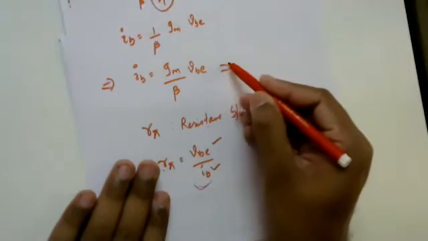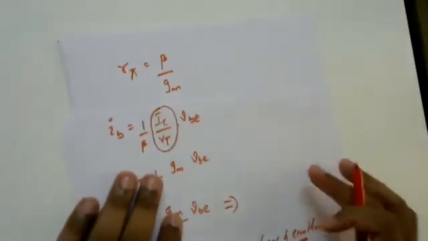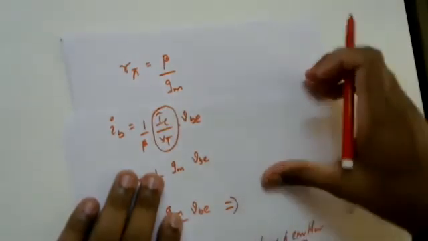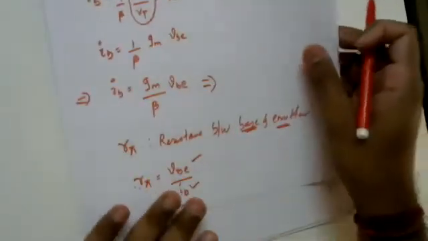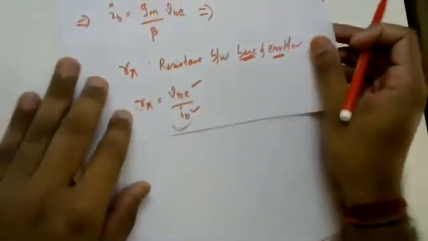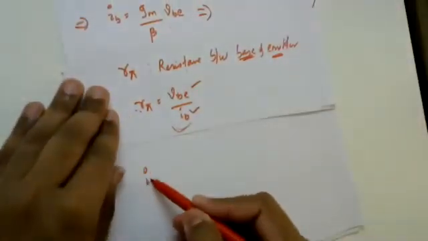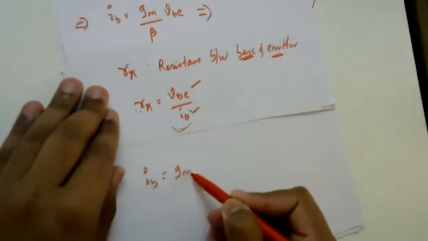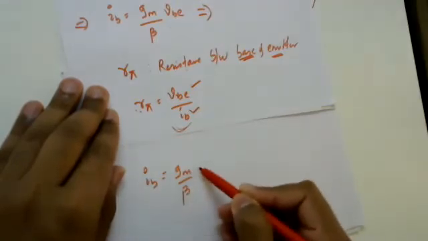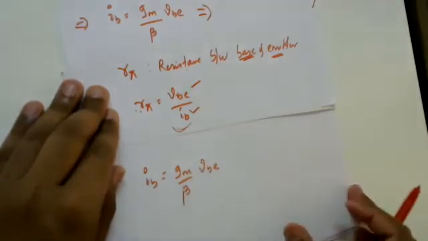For your reference, I'm writing the same equation here, because without this reference we'll get questions in the mind about how I am able to write it. So my expression over here is ib is equal to gm divided by beta into VBE, right?